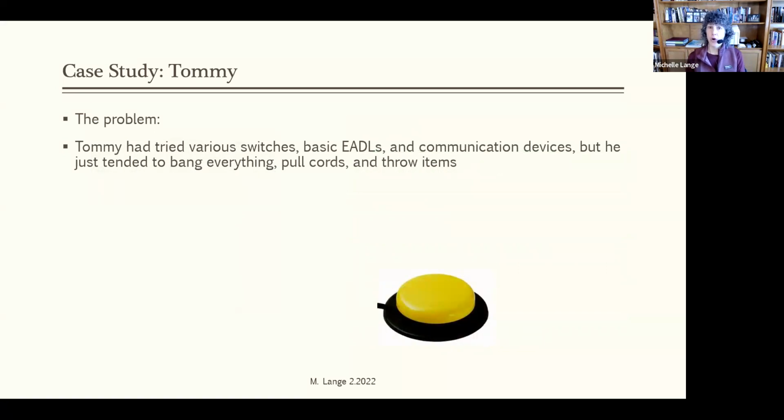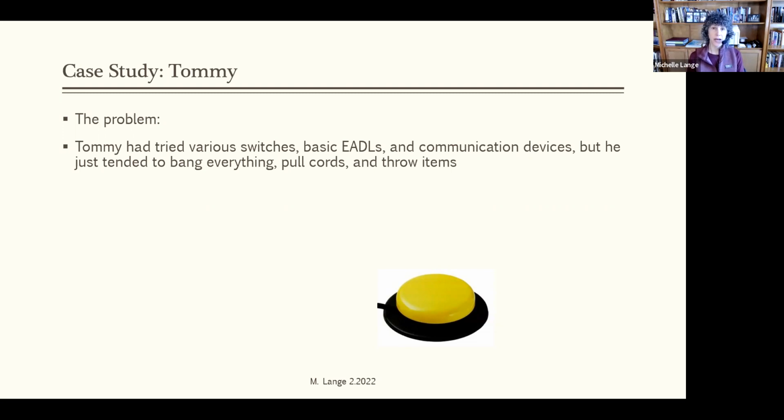So there was a problem here, and that led Tommy to see us. Tommy had tried a lot of different switches. He had tried some basic EADLs, like some switch toys, some things connected to a power link, for example, and communication devices. But he would just bang everything. He'd pull the cords and he'd throw items.